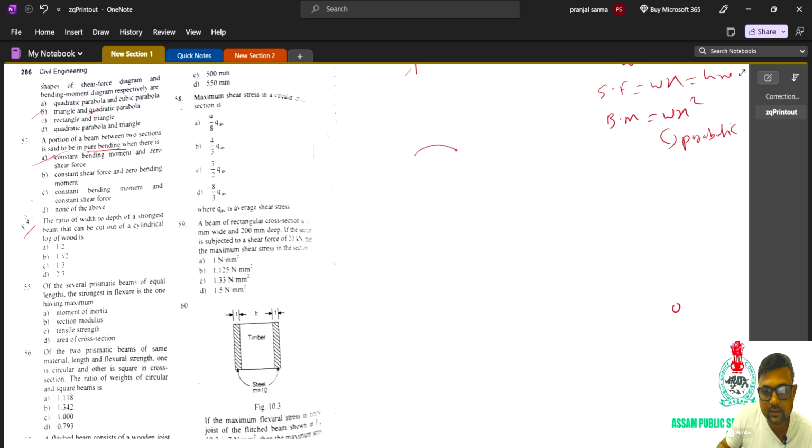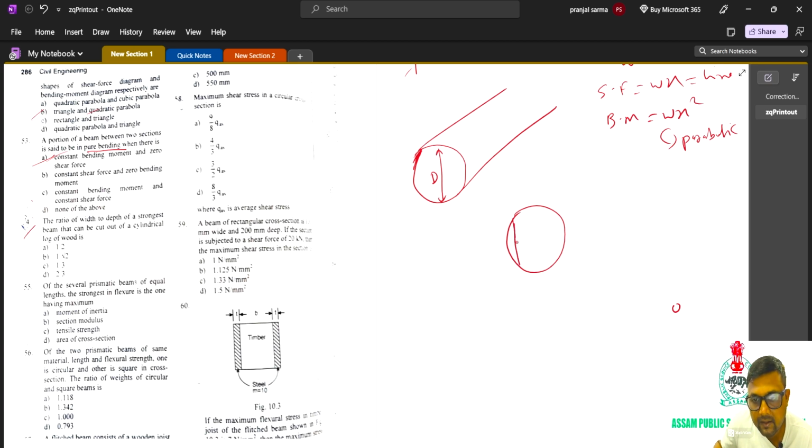Suppose this is a cylinder which has a diameter D. Now what you have to do is cut a rectangle from this circle, such that this rectangle has a maximum Z. Z is the sectional modulus. Strongest beam means you have to get a maximum Z.